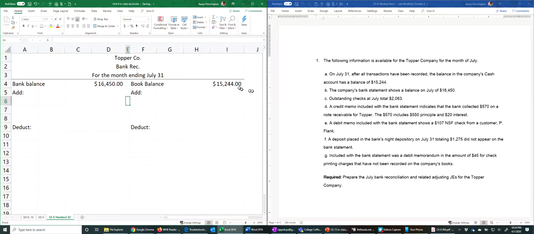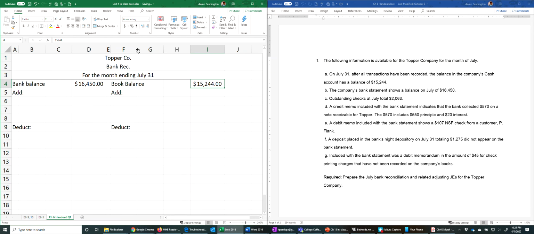Now we're at C. Outstanding checks at July total $2,063. An outstanding check is a check that's been written but not yet cashed by whoever it was written to. When you write a check, you reduce the book balance, but the bank doesn't reduce their balance until the check is presented for payment.